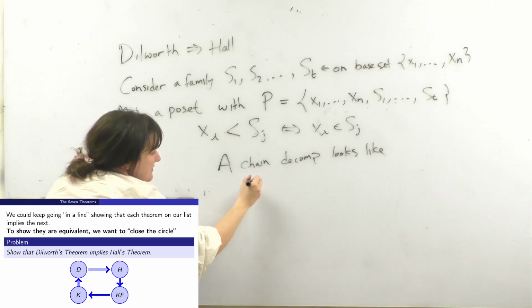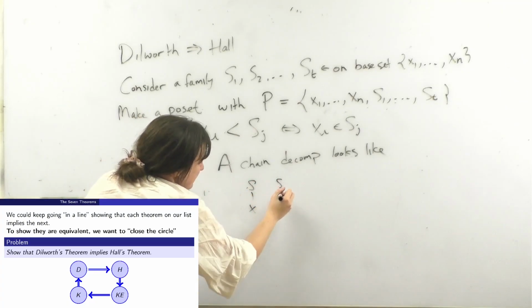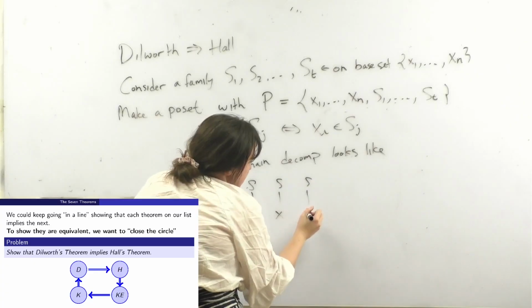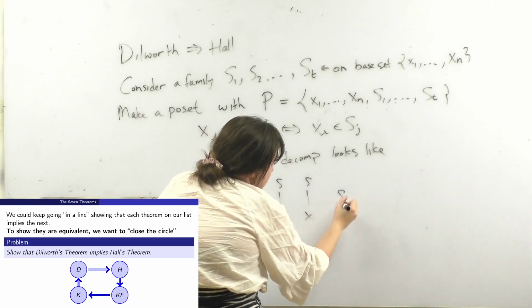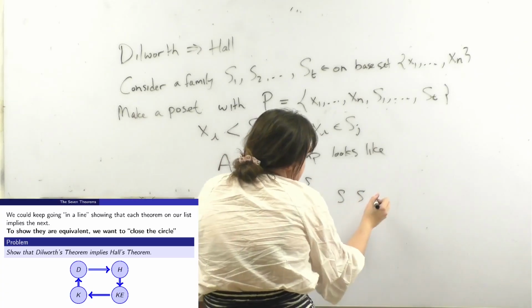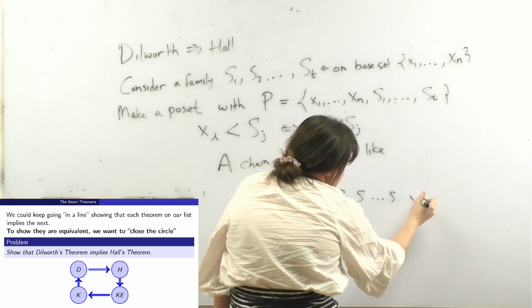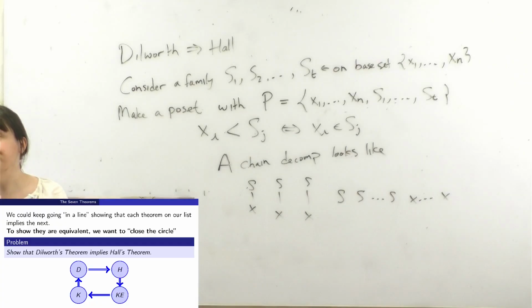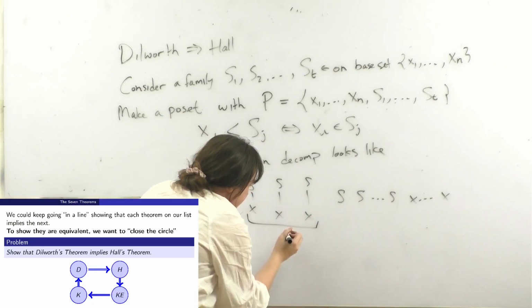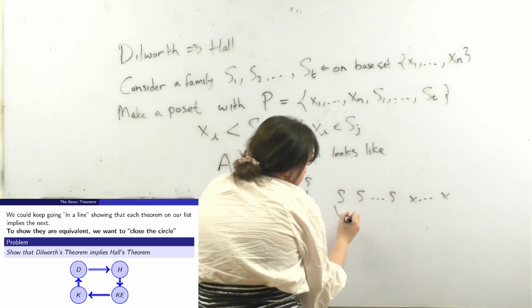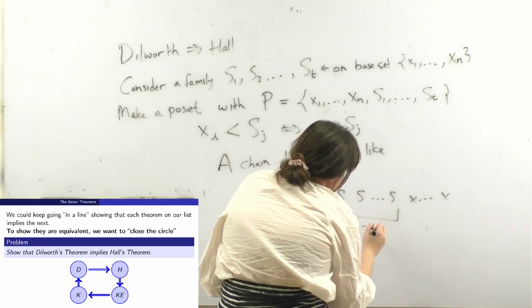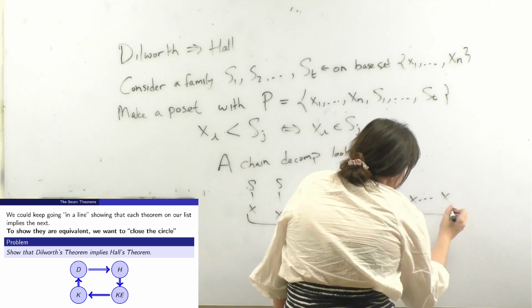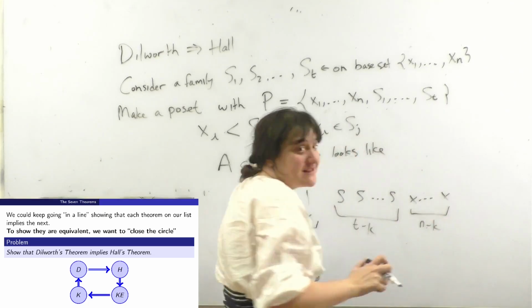So I can have chains with two elements like this, chains with just one element, or chains with one element in the other flavor. If I have k of these, then I have t minus k S's and n minus k X's left over.